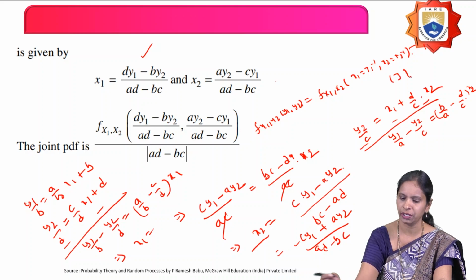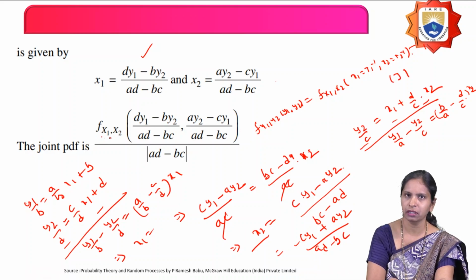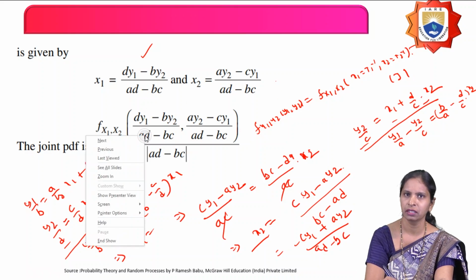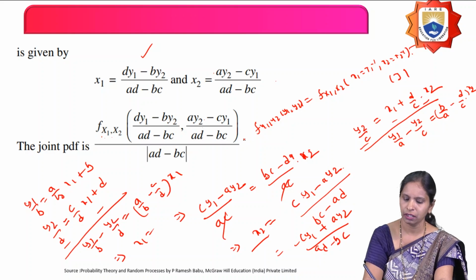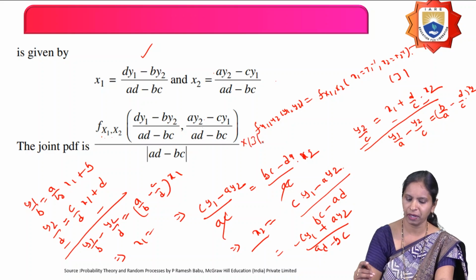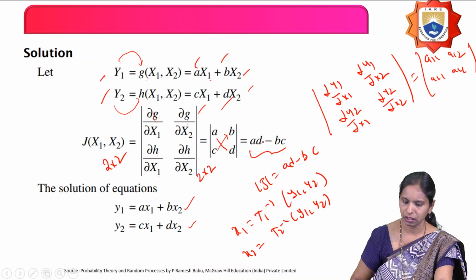into mod of J. Therefore, f x1 comma x2 of what is x1? Nothing but (d y1 minus b y2) by (ad minus bc), and x2 is nothing but (a y2 minus c y1) by (ad minus bc), into the determinant of the matrix. What is the determinant of the matrix here? ad minus bc.